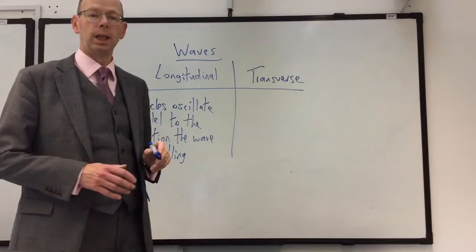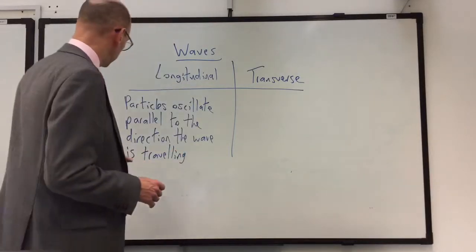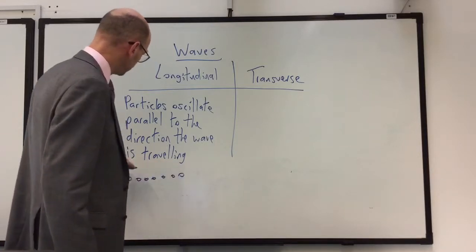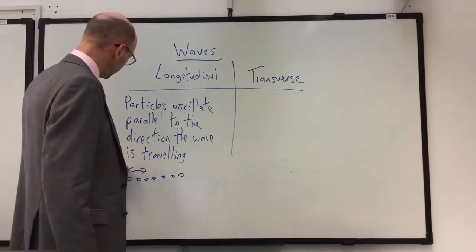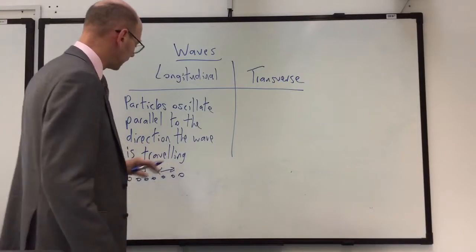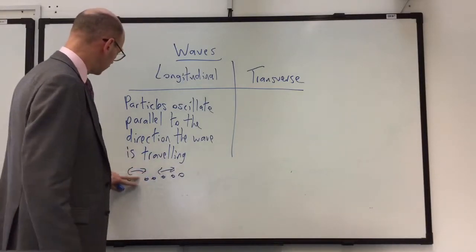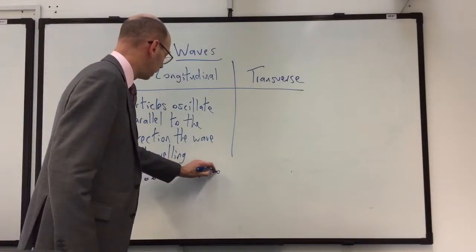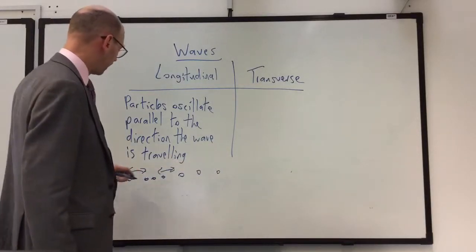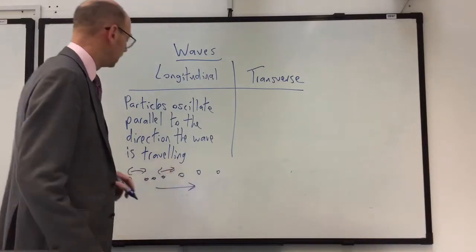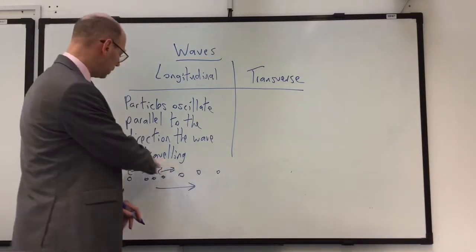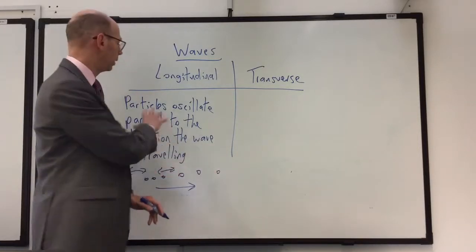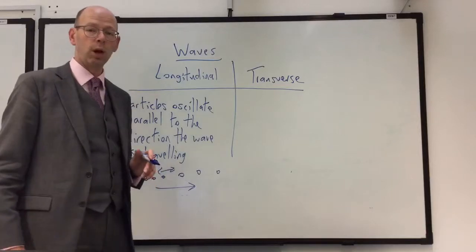An example of this would be a sound wave, in which we might have a bunch of particles here, and as they're made to vibrate, they oscillate backwards and forwards, banging against one another, and they create regions where they're bunched up, called compressions, and regions when they're further apart, called rarefactions, and the sound energy is transmitted in that direction. So you can see that these particles are moving forwards and backwards, and the sound wave is travelling in that direction. So this would be called a longitudinal wave.